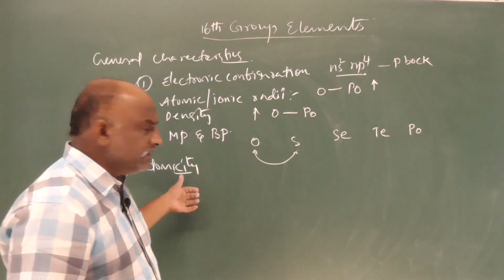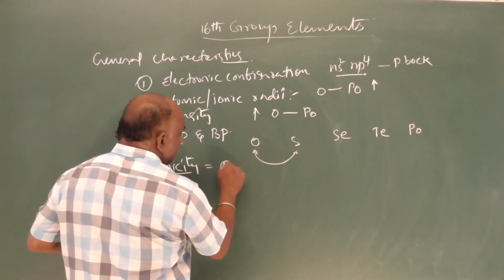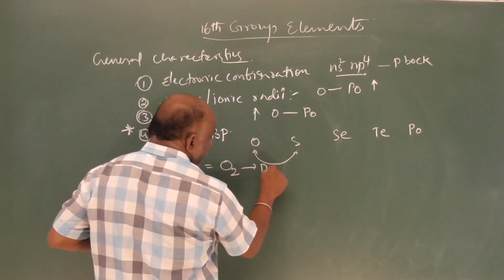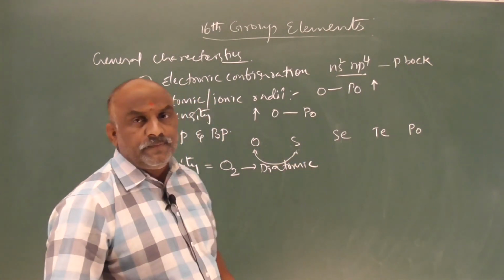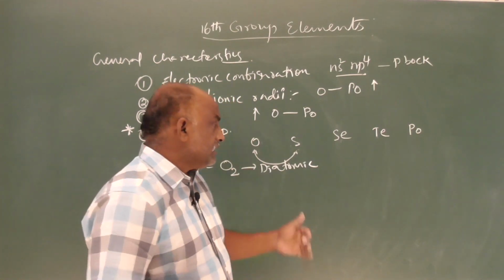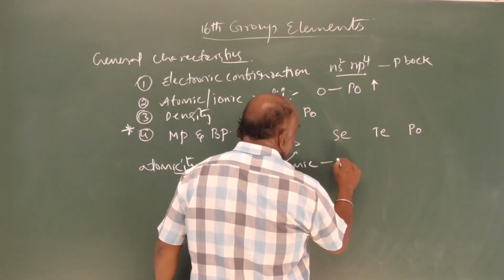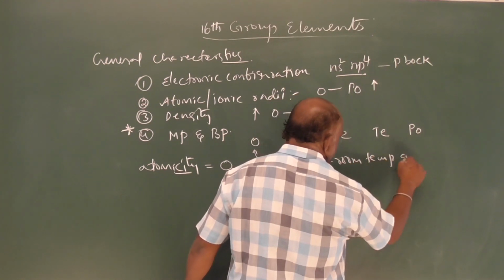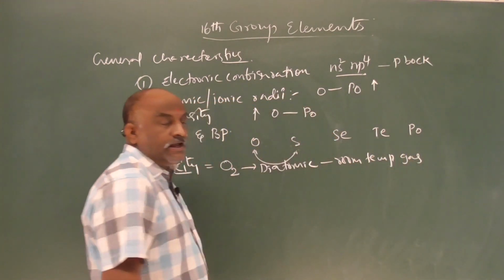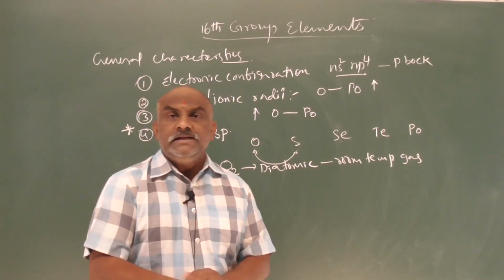What is atomicity? Oxygen is diatomic. At room temperature it is a gas.